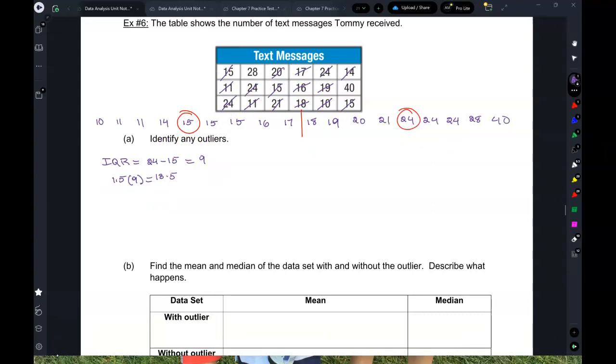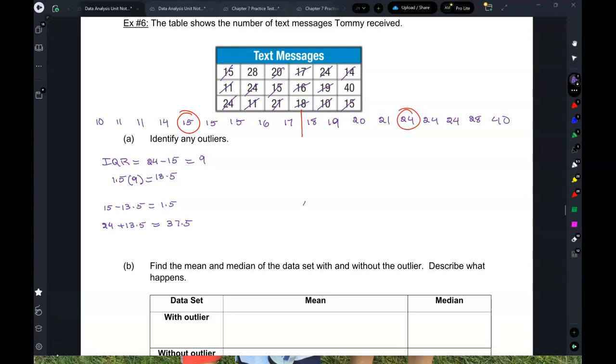Okay. So how are we going to do this? What are we going to do? Subtract what? 15 minus 13.5 is how much? 1.5. And then 24 plus 13.5 is how much? 37.5. So any outliers?